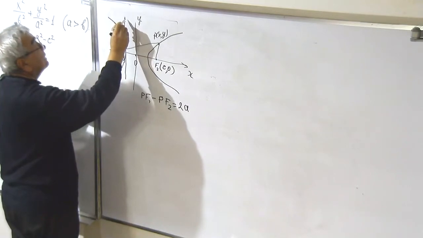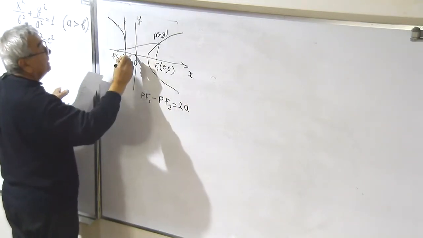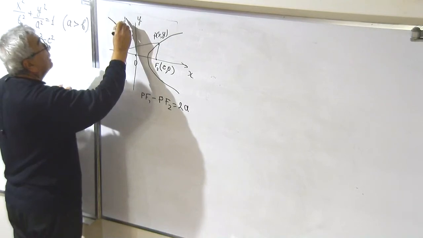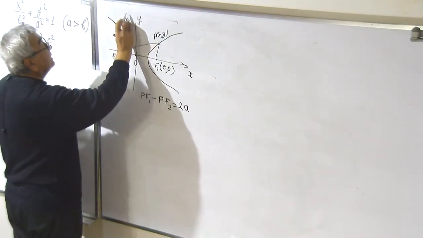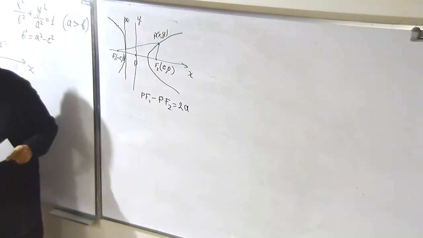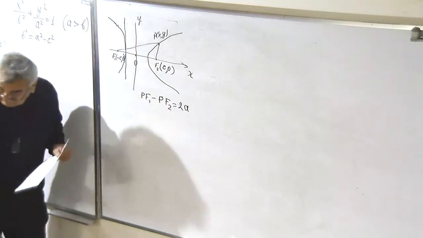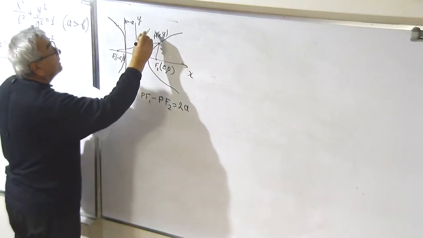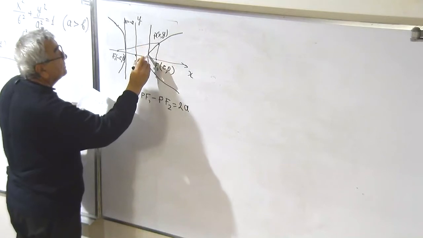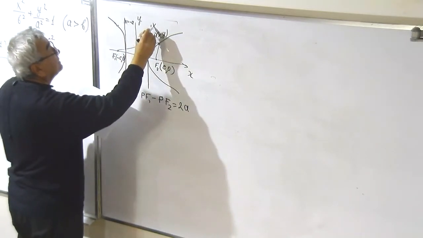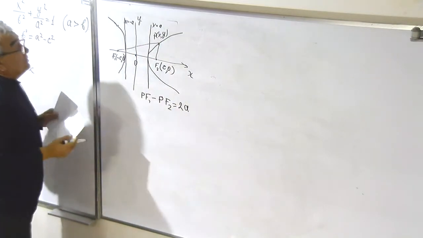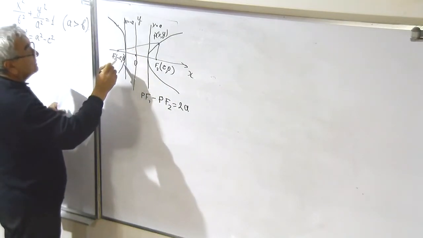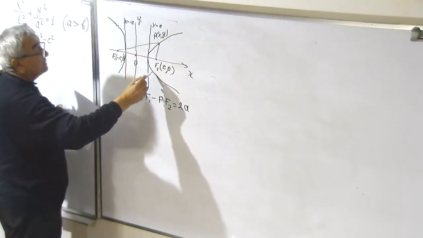This axis is perpendicular to the x-axis, and this distance to the vertex I will take equal to A. So x should be equal to minus A. Here the other side of the curve, which is parallel, x should be equal to A. This is the vertex of this side of the hyperbola. This is the other side.